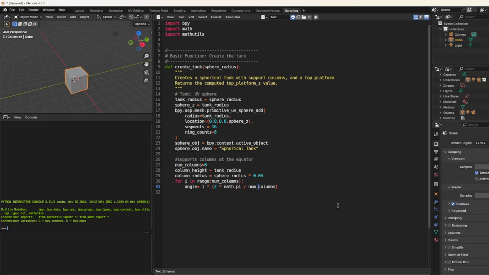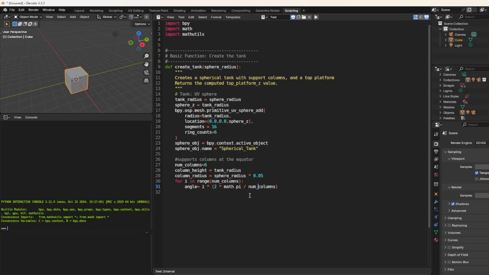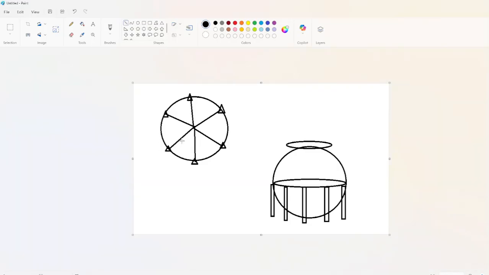2 times math.pi divided by num_columns. So 2 times math.pi is actually the full circle, 360 degrees around. And number of columns, see, we have 6 columns, and we're just splitting the 360 degrees into 6 columns, 60.